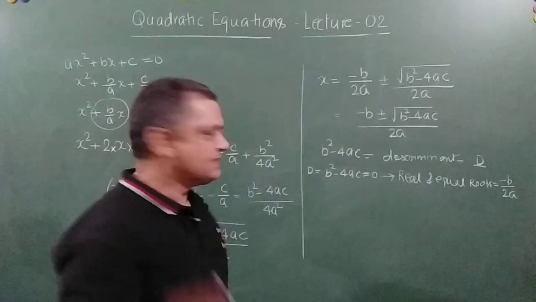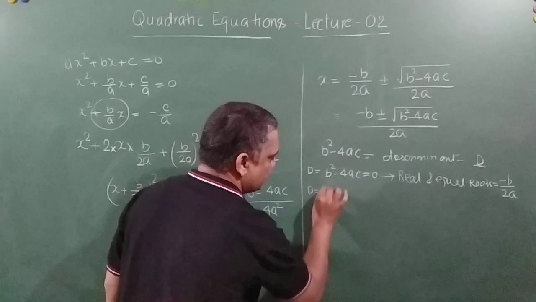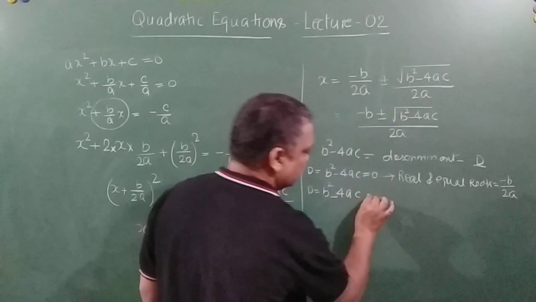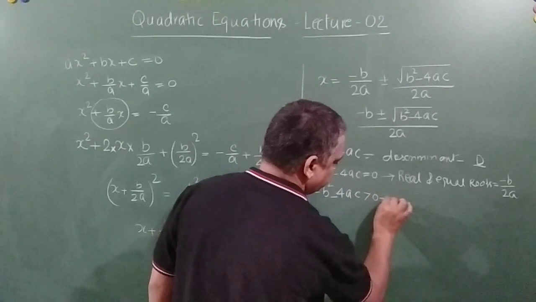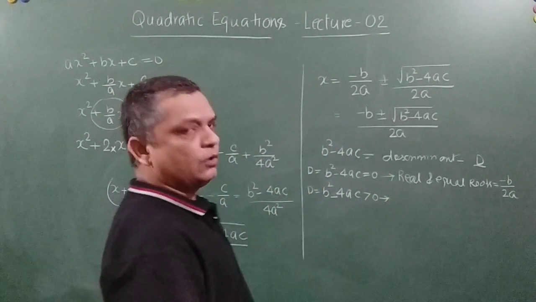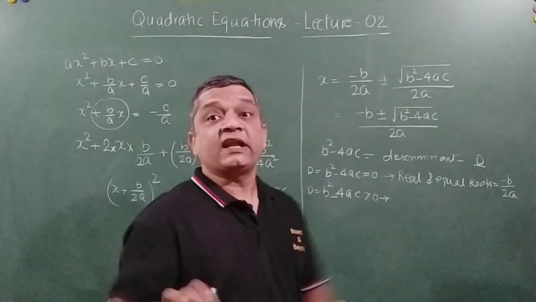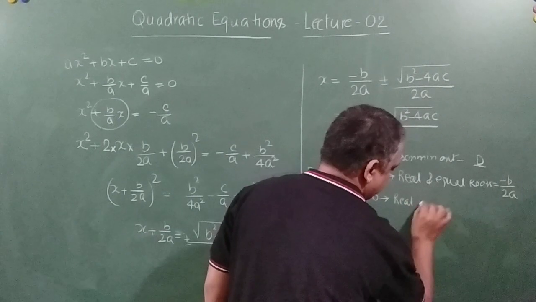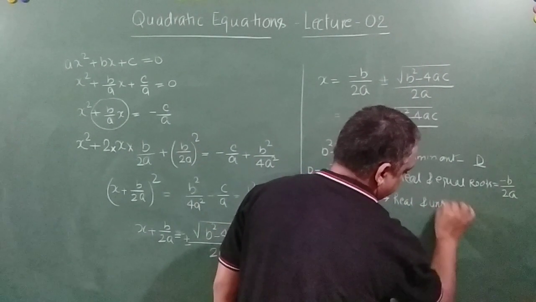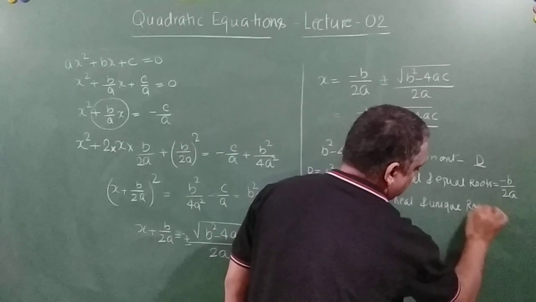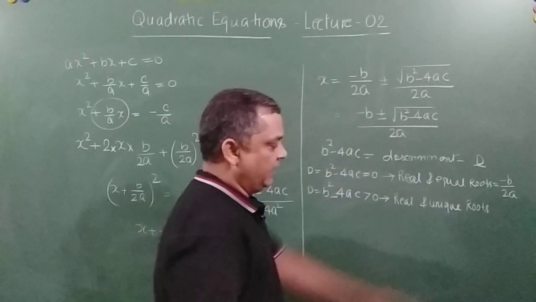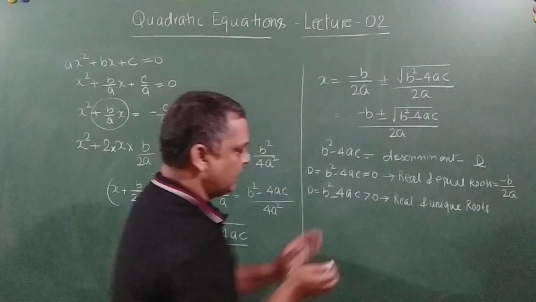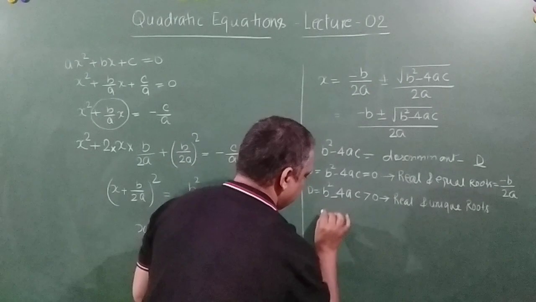Now friends, let us say this d is equal to b square minus 4ac is greater than 0. If it is greater than 0, what happens? This will be real but unequal roots. Real and unequal. Or you can say real and unique roots. In this case, since it is real and unequal roots, I am going to write the roots here. Okay.